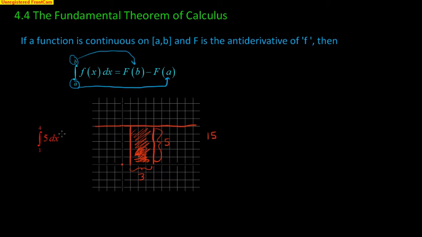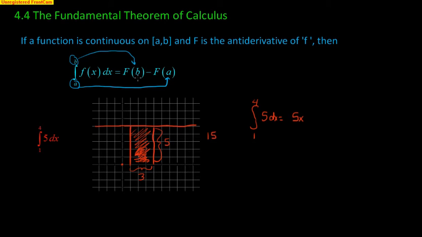Now, if I apply the fundamental theorem of calculus to this integral, look what happens. I've got the integral from 1 to 4 of 5 dx. And if I integrate this, I know I'm going to have 5x.